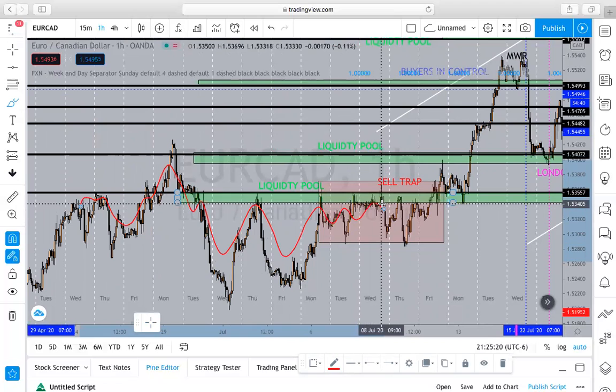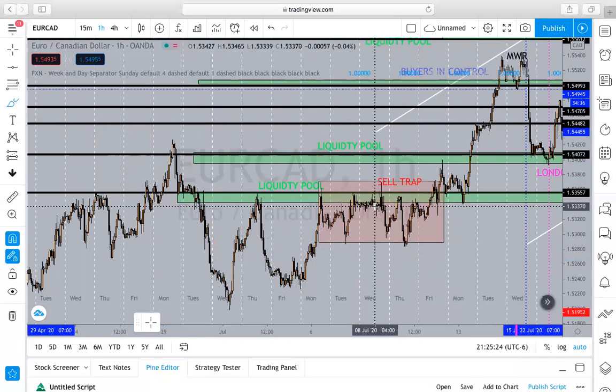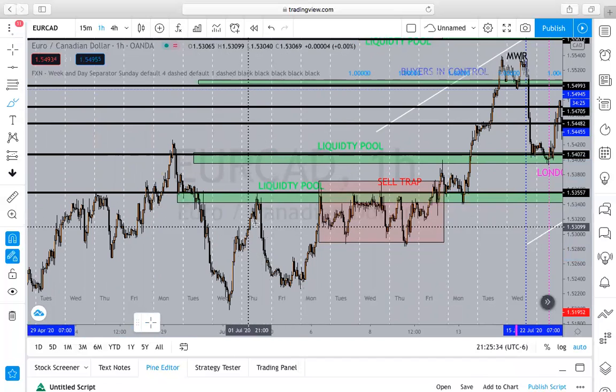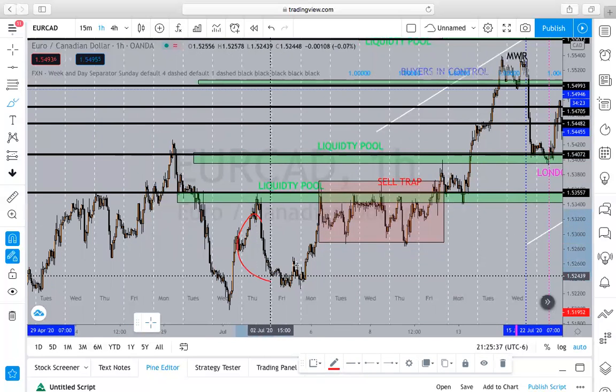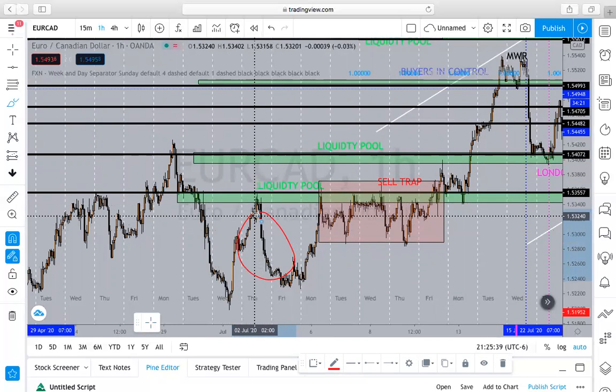Now, from a retail trader's perspective, or how we were taught in this market when we first started trading, is to sell this resistance. So of course, you caught this opportunity, it would have been a good sell, right?